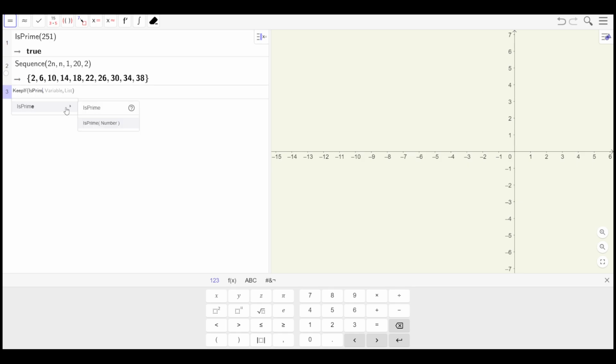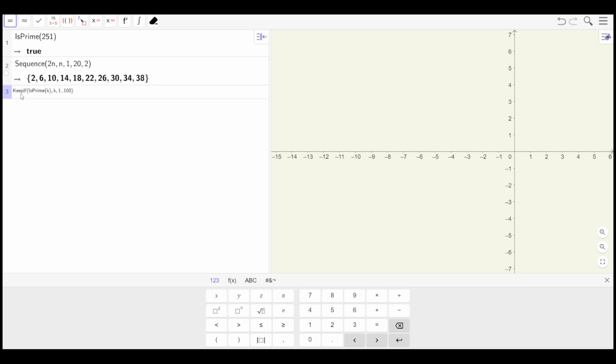So IsPrime, okay, and I write, for example, variable k here. And then I choose variable k. And for example, I want to list all the prime numbers from 1 to 100. So I will write 1, double dot, and then 100, okay?